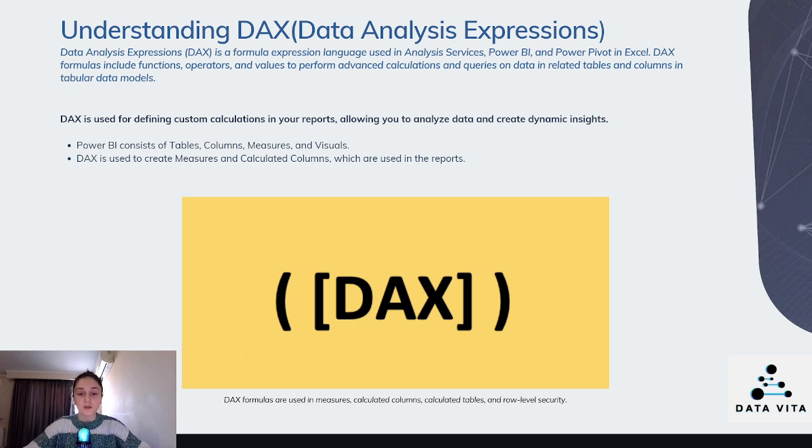Calculated columns are used to add additional fields to your tables based on your data. And a measure is a dynamic calculation used in your report to summarize, analyze, and visualize data. By mastering DAX, you can unlock the full potential of Power BI and take your reports to the next level.